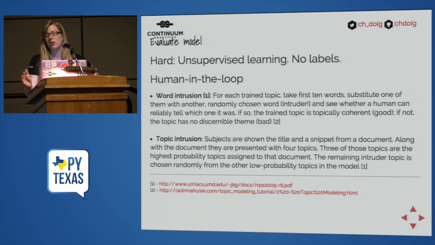My drawback against the human in the loop would be that if you're already paying someone, or already have the cost of someone evaluating your results after you've modeled, maybe it would also be worth having them before you've modeled and have them label those documents in some fashion, getting a data set that has some labels, and then use a semi-supervised model to use that information inside your algorithm.